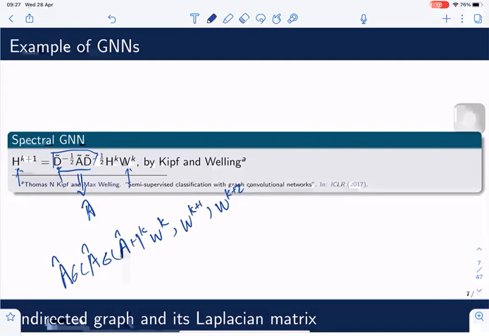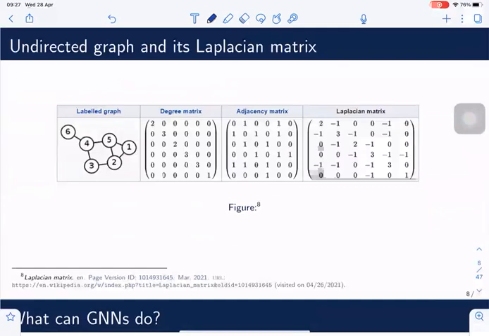And to better understand what the degree matrix and adjacent matrix are, let's see this picture. On the left side, we have a graph, right? The degree matrix is a diagonal matrix. The elements on the diagonal are the degrees of each node. Let's look at node 1. Node 1 has 2 neighbors, 5 and 2. So the degree here is 2.